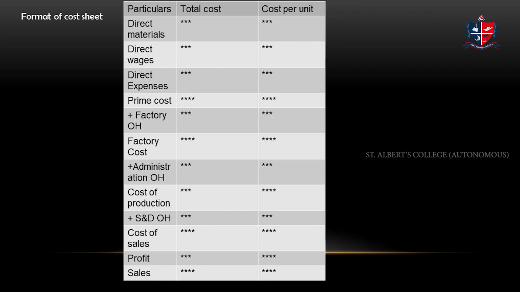In most cases the sales amount is given, so we take it to the last step and compare it with the cost of sales; the balance is considered as profit. It may be profit or loss. So you will get the profit of the organization. This is the common format for preparing a cost sheet.